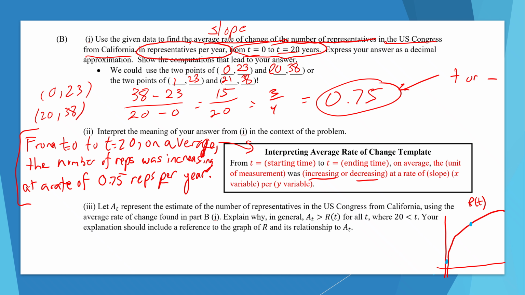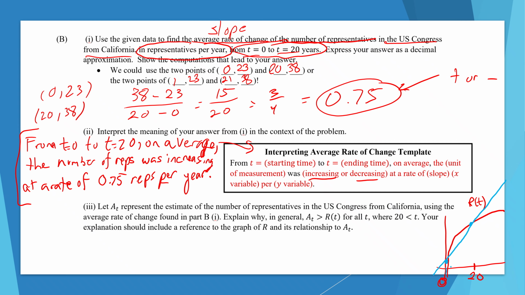A of t is going to be a straight line like that from, we'll say this is 0 to 20, right? Let me put that in red. But that is what A of t should be. From 0 here to 20, and those are the 2 points that form that straight line.